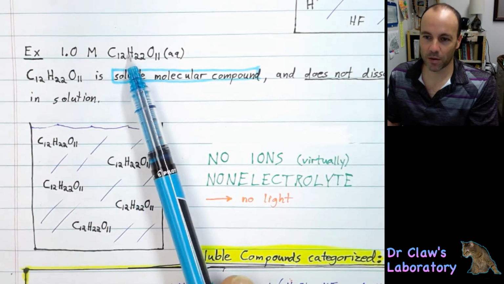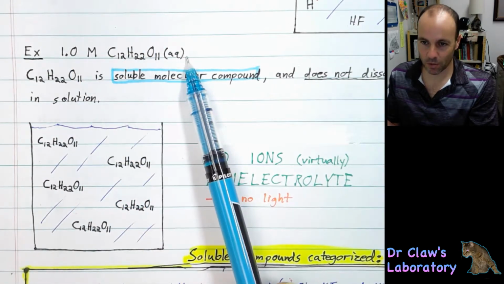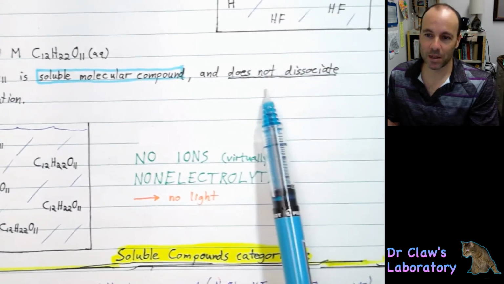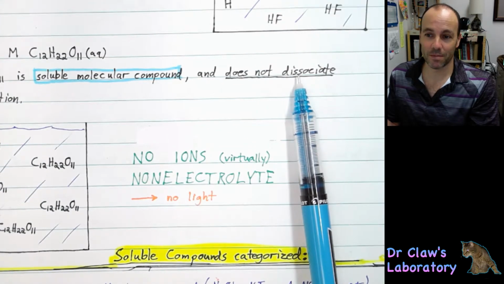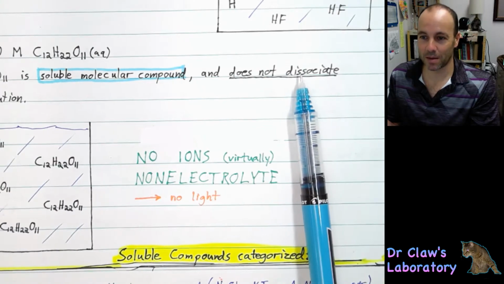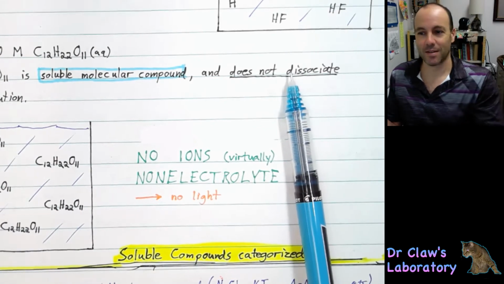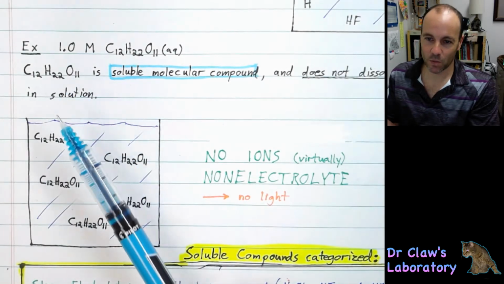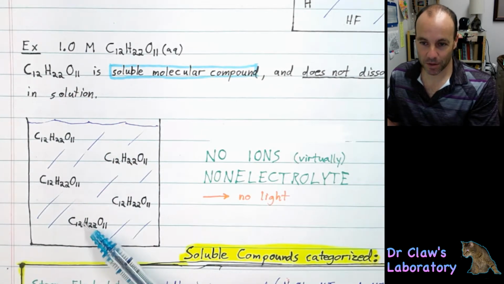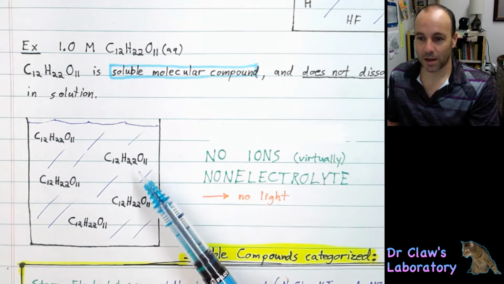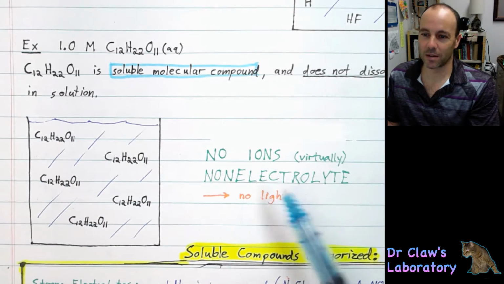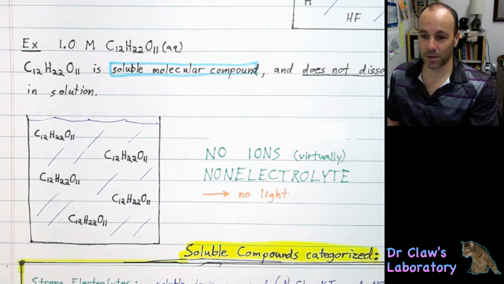So 1 molarity sucrose in water. This is a soluble molecular compound, but it does not dissociate because it's a molecular compound and it's not an acid. So when sucrose dissolves in water, all of the sucrose molecules split apart. There they are, but there are no ions. So this is a non-electrolyte, and the light bulb wouldn't turn on at all.